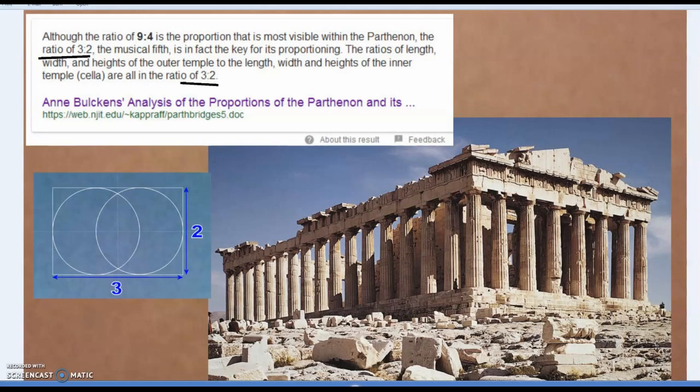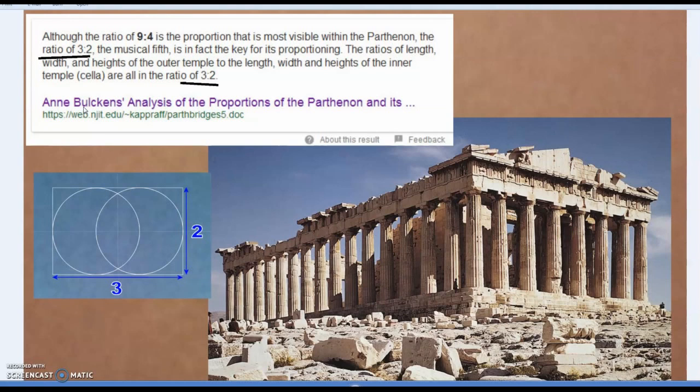Now, a more ancient example of this practice would be in the Parthenon. I've done a whole series on just this building, but also how it connects to Indian architecture as well. And this is Anne Bulckens' analysis, where she goes through the area of each room compared to the whole, even the volumes. It's just a mathematical masterpiece, and the harmonic numbers are just all over it.